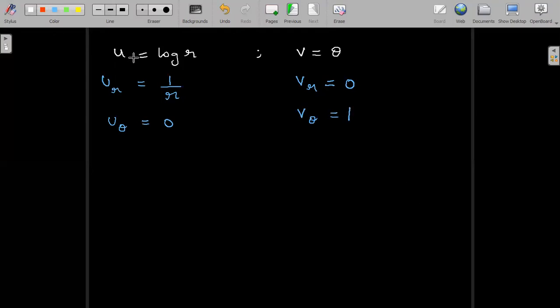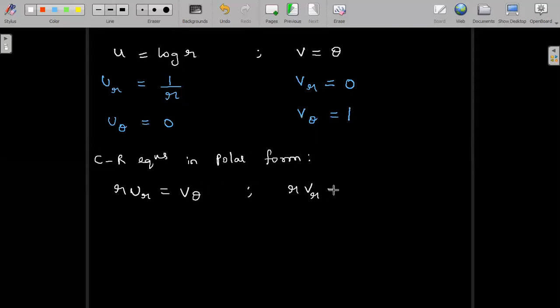Now we will recall the CR equations in the polar form. The CR equations in polar form are given by r into u_r is equal to v_theta, and r v_r is equal to minus u_theta.